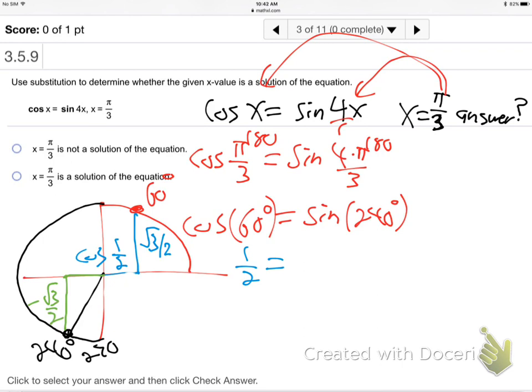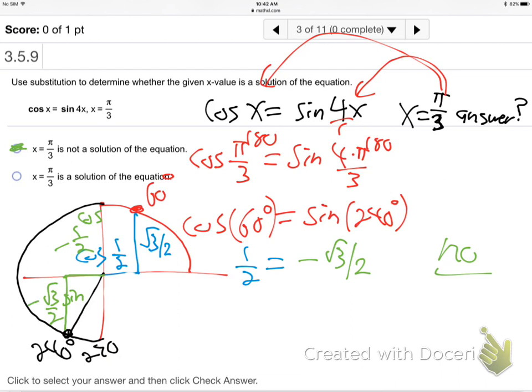Down, root 3 over 2, back a half. See that? And cosine again is x, sine is y. What do they want? Sine. Negative root 3 over 2. No way, they're not equal. No, it's not an answer. Not a solution.